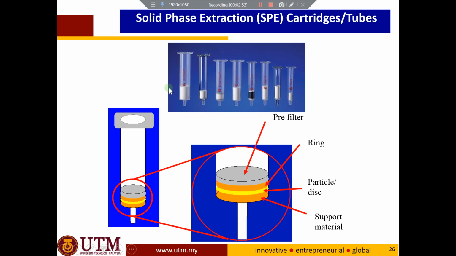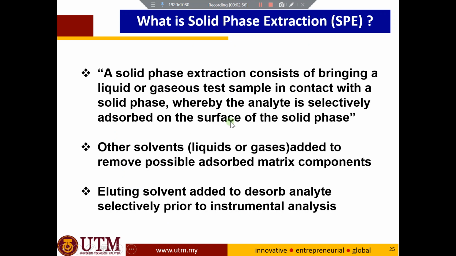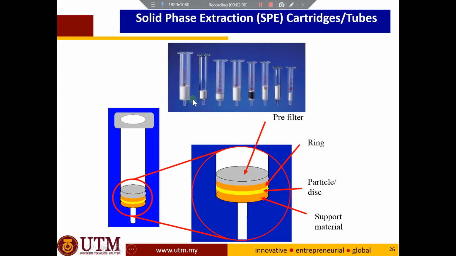Okay, so back to the sentence over here. The analyte is selectively adsorbed. Dia akan absorb dekat solid particle. Dia akan absorb at the particle over here. So it's selective. For example, if you want to extract a polar compound, you need to use a polar particle.